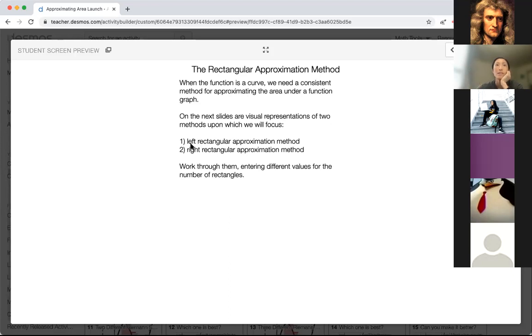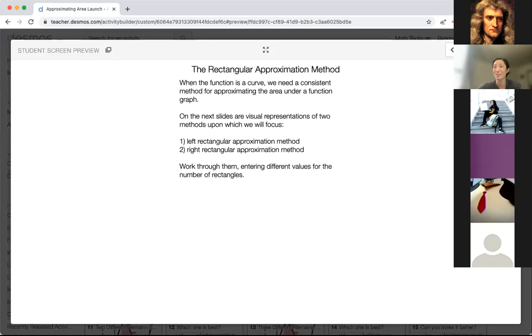Specifically, there is one called the left rectangular approximation method. Any guesses to the acronym we tend to use? You got it. L for left, rectangular approximation method. And then there's the right rectangular approximation method.